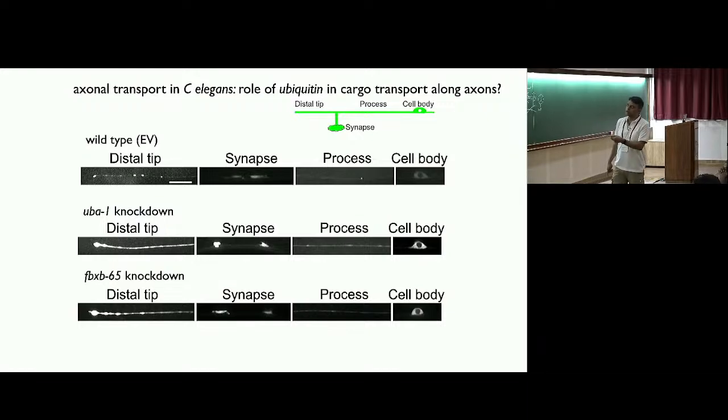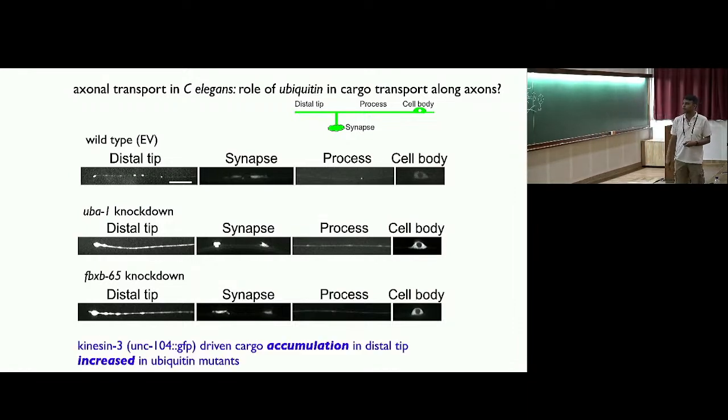So cargo is going there. But if you modify this ubiquitin pathway, in the sense that you don't allow ubiquitination to happen properly, what you see is more accumulation near the distal tip. That's the first result we see.